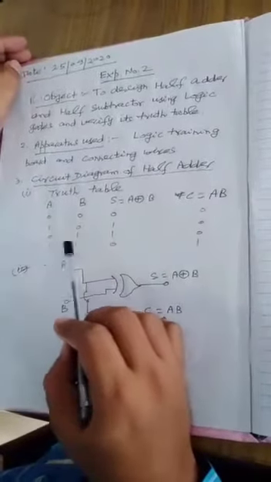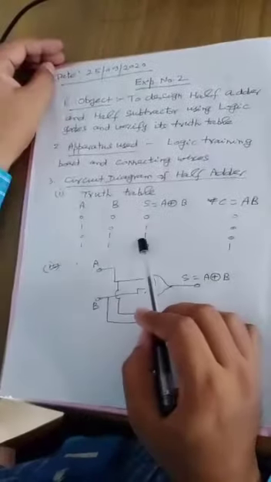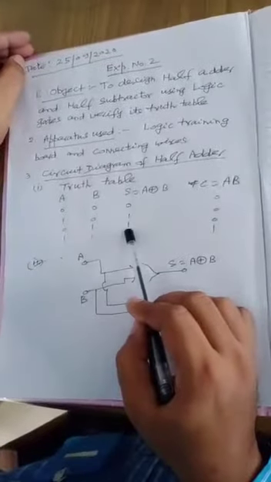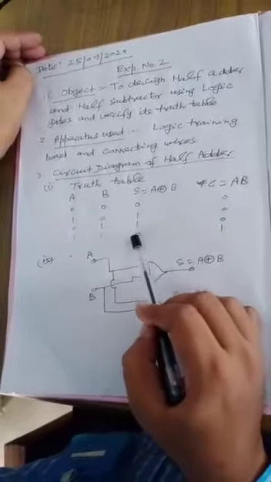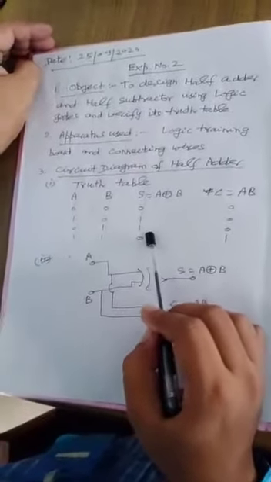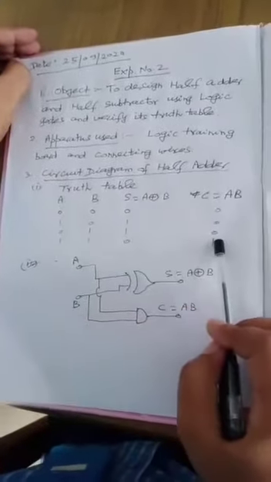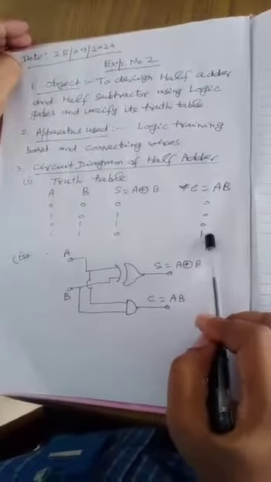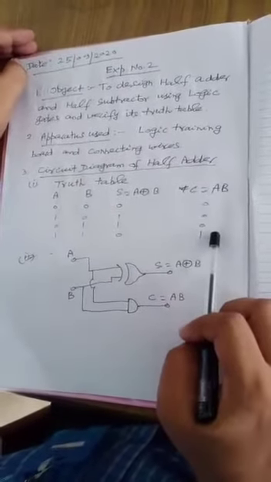When we add 1 and 1, its value is 0 because in binary number base is 2. 2 is written as 1 0, 0 as the sum, 1 as the carry. So this is the truth table of the half adder.